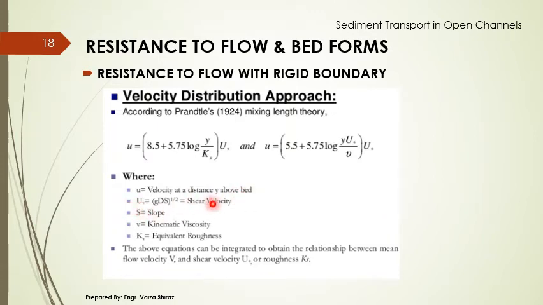U star is the shear velocity, and it is calculated by this formula, square root of gdS. S is the slope, nu is the kinematic viscosity, and Ks is the equivalent roughness. The above equation can be integrated to obtain the relationship between the mean flow velocity V and the shear velocity U star or roughness coefficient Ks.